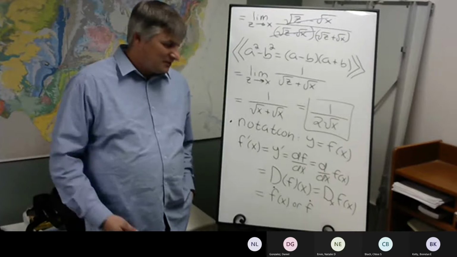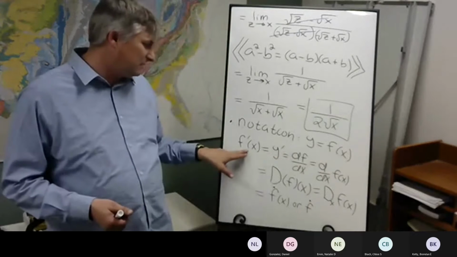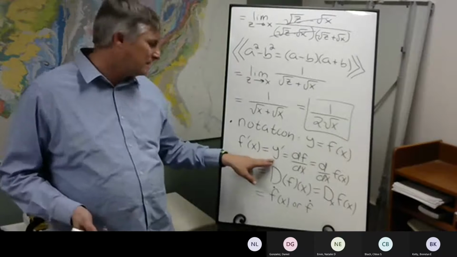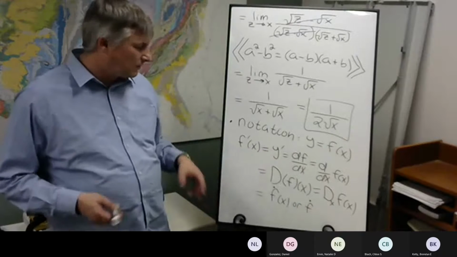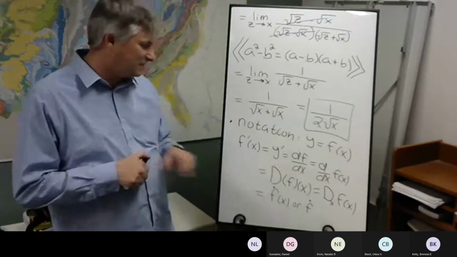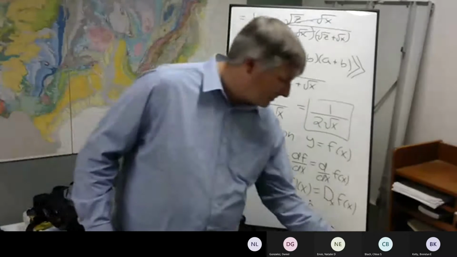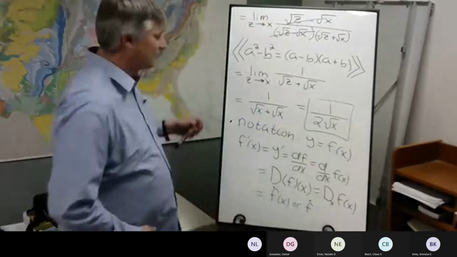We're going to run into this df dx business, and okay, maybe that kind of makes sense. We're going to talk about that more later. Why are we doing this? There are some interesting ideas here. So that's just some of the notation.